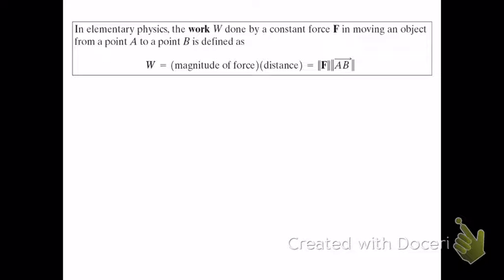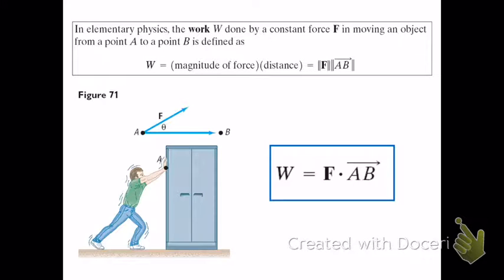So the distance between A and B, for example, would be the magnitude of the distance vector AB. Well, we can also calculate work by taking the vector F and doing the dot product with the distance vector AB. So let's try that out in an example.